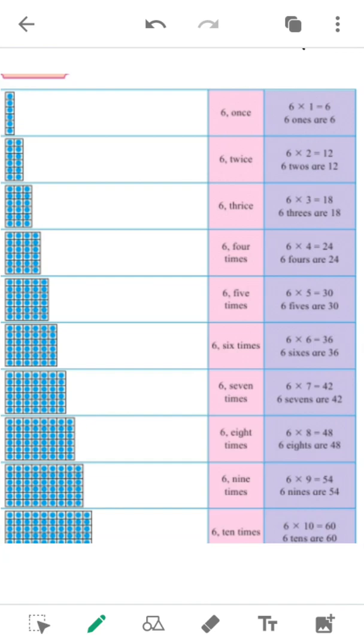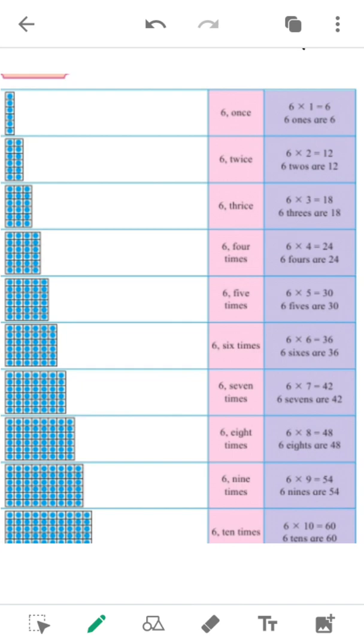Next is 6 timetables. So look at the first box. There is only 1 row and each have 6 beads, means 6 ones are 6. And next there are 2 rows and each have 6 beads. So 6 twos are 12. Next there are 3 rows and each have 6 beads.